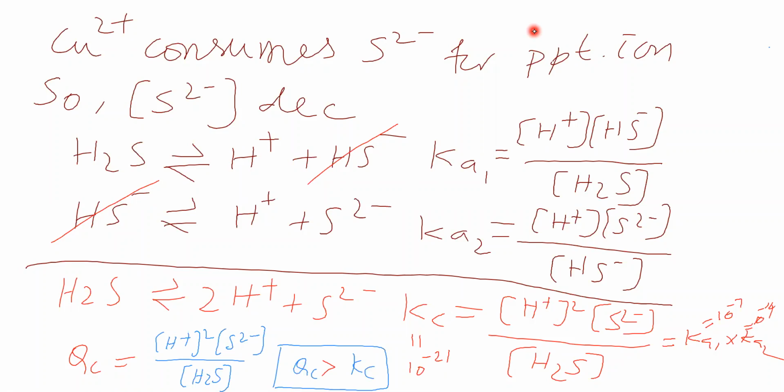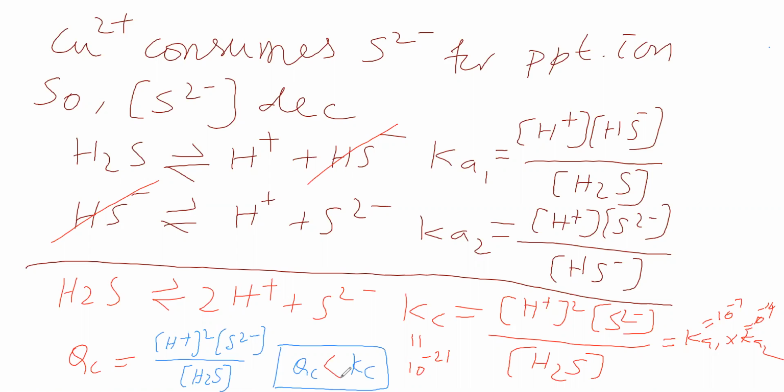Do you say Qc greater than Kc or Qc less than Kc? Now you are saying Qc is less than Kc, sir. So now we can say Qc is less than Kc.